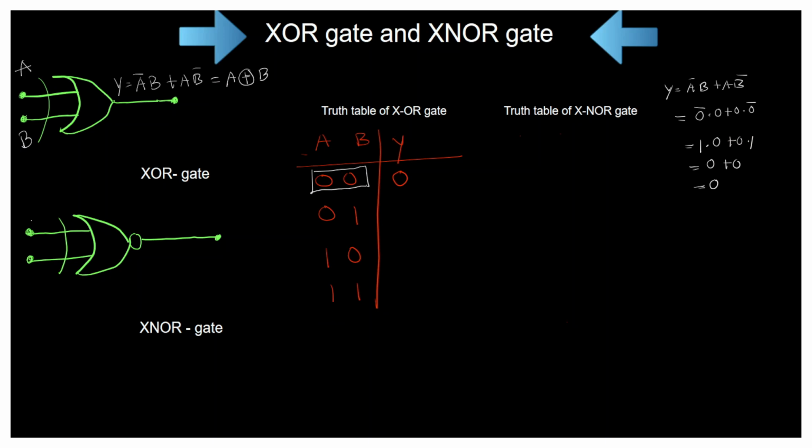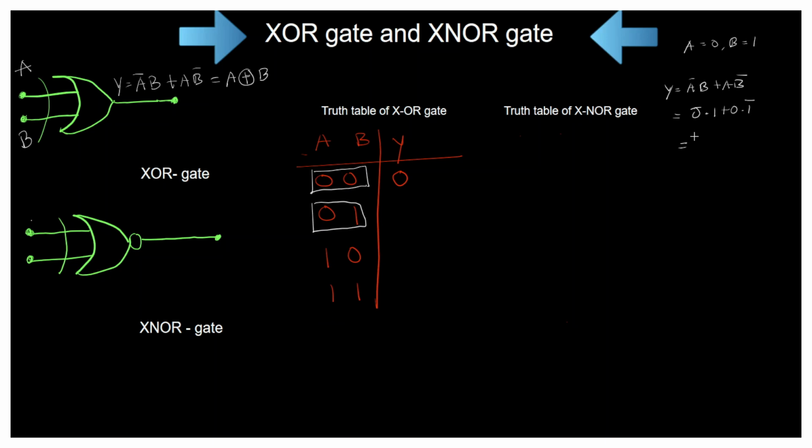Similarly, for the next combination, which is 0 1, if we put the value of 0 1 into this equation, here A equals 0 and B equals 1. So complement of 0 dot 1 plus 0 dot complement of 1.